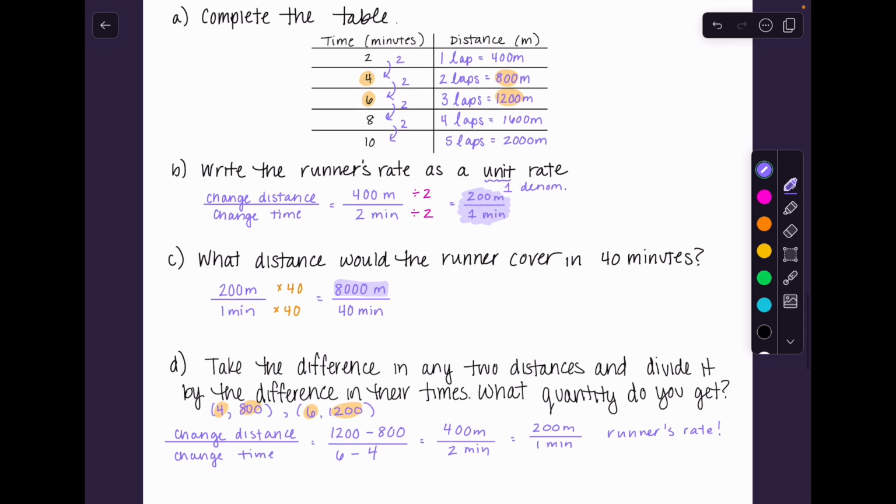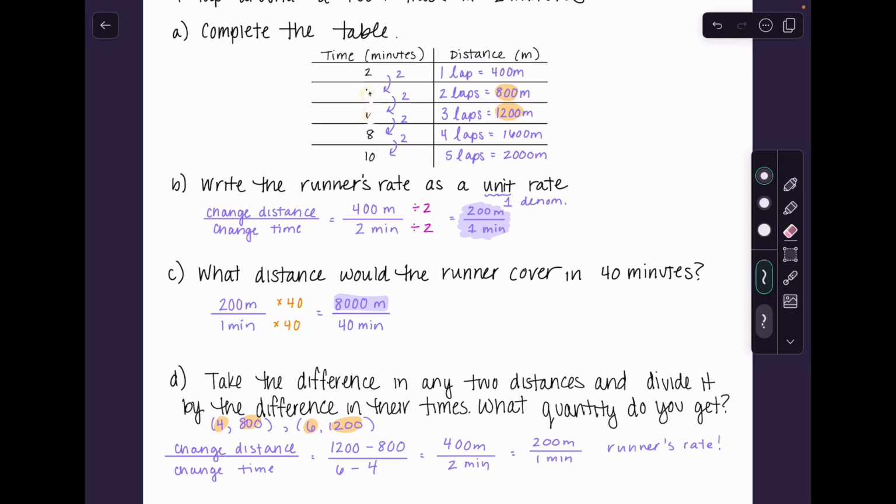Okay. If I go back up here and I pick two completely different points and I do the same thing, I'm going to get the same answer. So let's instead do 4 and 800 and 10 and 2,000. So if I pick these particular points, and again, I'll just write them off to the side, 4 and 800, and 10 and 2,000.